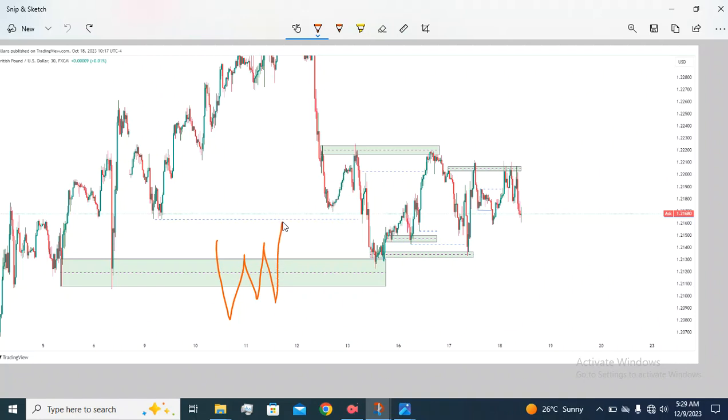This is how we represent it, where we said we need a potential sweep of liquidity. The first break of structure is where we take our entry and potentially target this higher high here.